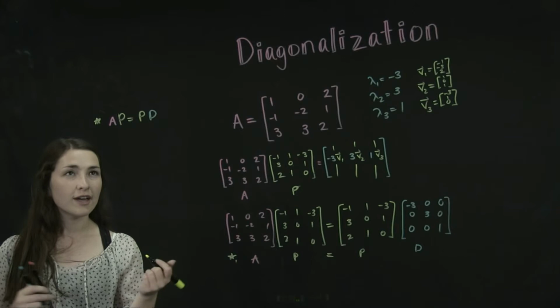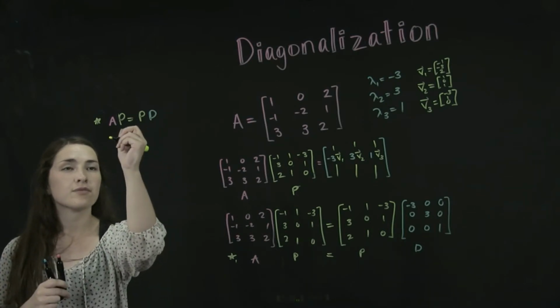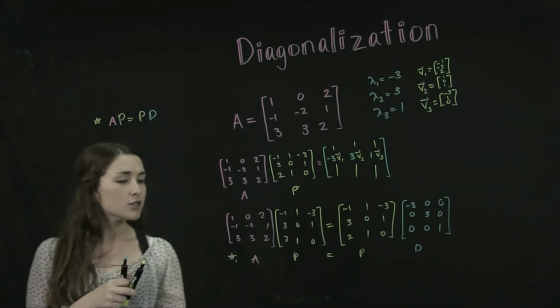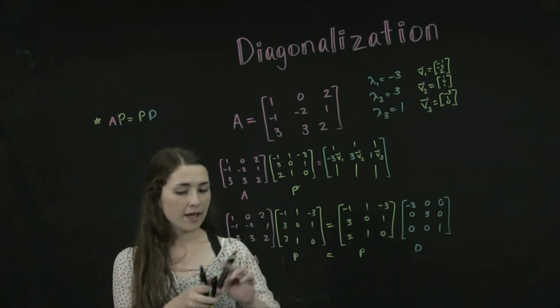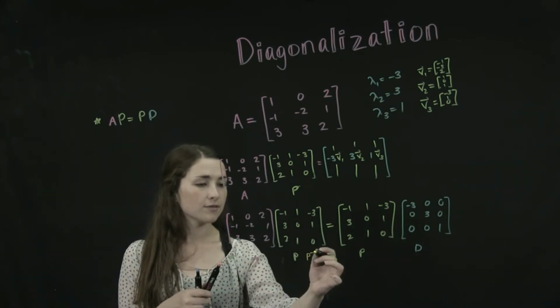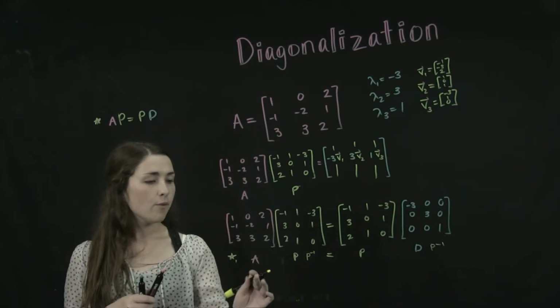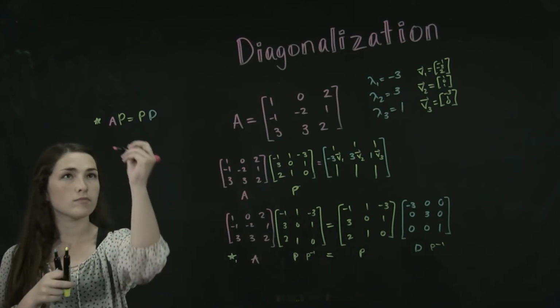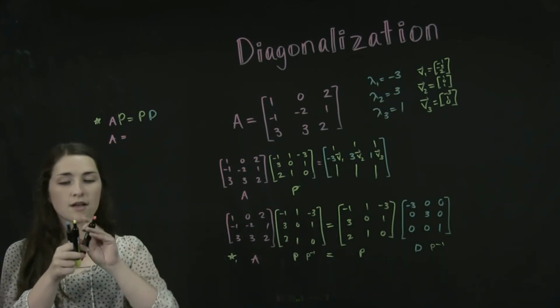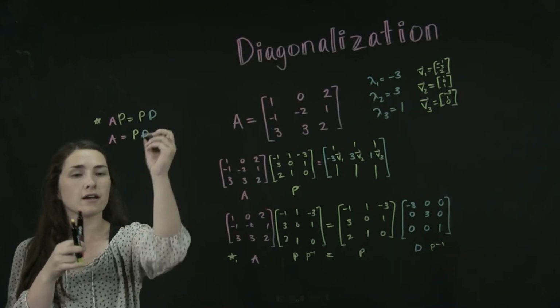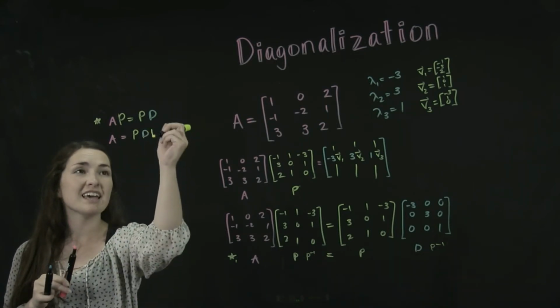I promised you that we were going to factor A into 3 parts. So how can we do that? We have our AP equals PD. If we multiply here by P inverse on the right, we'll end up with A equals P times D times P inverse.